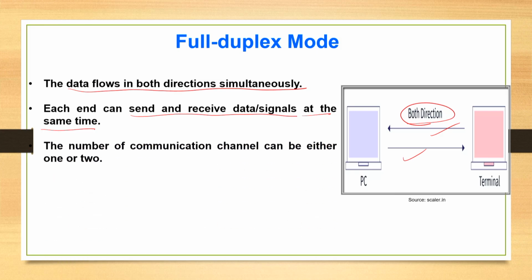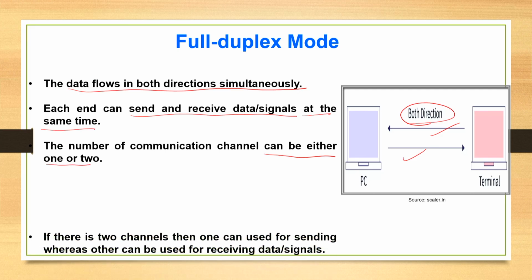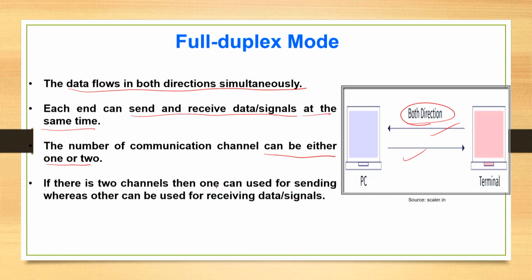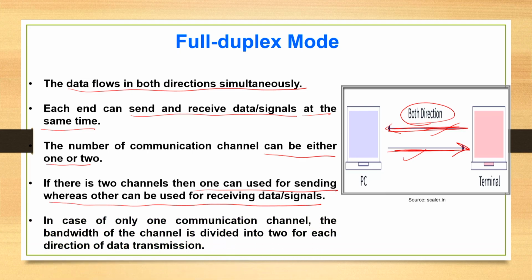The number of communication channels can either be 1 or 2. If there are 2 channels, then one can be used for sending, whereas the other can be used for receiving signals or data. In case of one communication channel, what will happen?